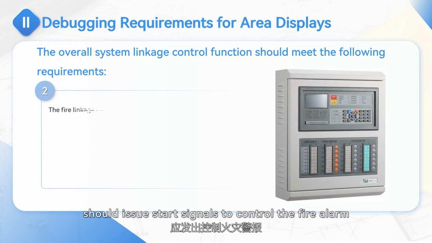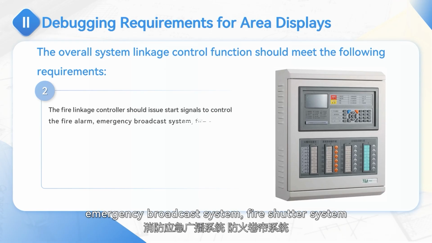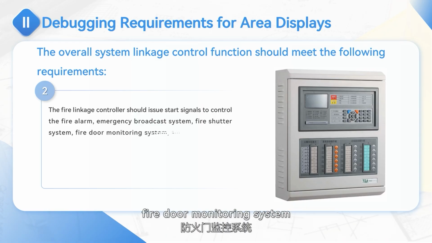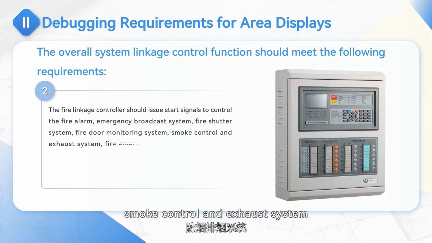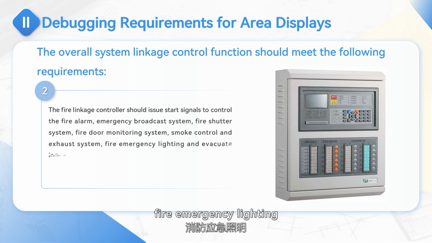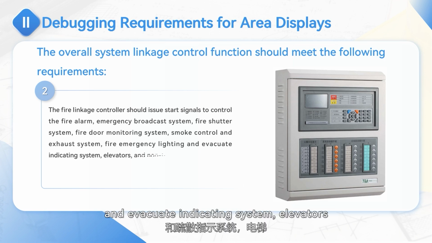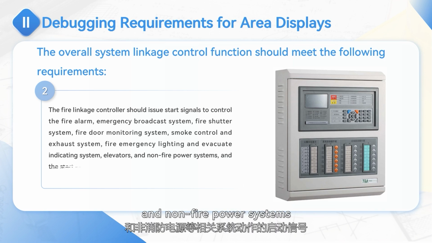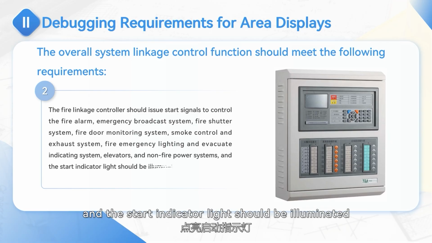The fire linkage controller should issue start signals to control the fire alarm, emergency broadcast system, fire shutter system, fire door monitoring system, smoke control and exhaust system, fire emergency lighting and evacuate indicating system, elevators, and non-fire power systems, and the start indicator light should be illuminated.